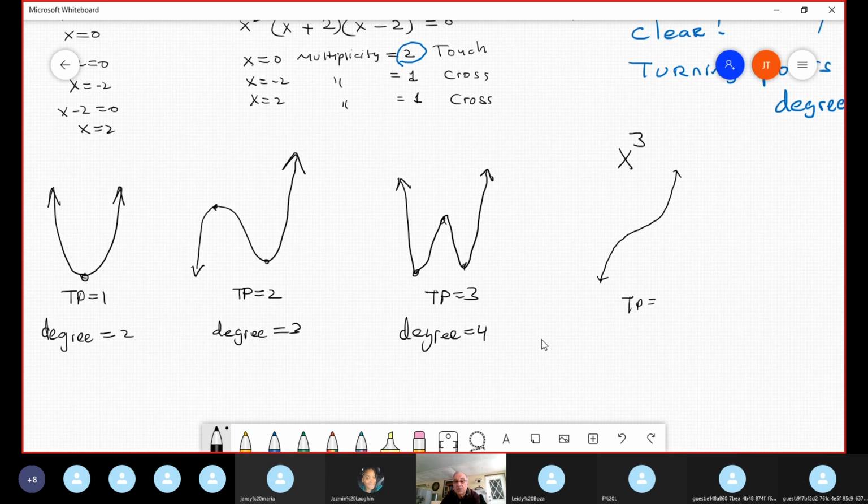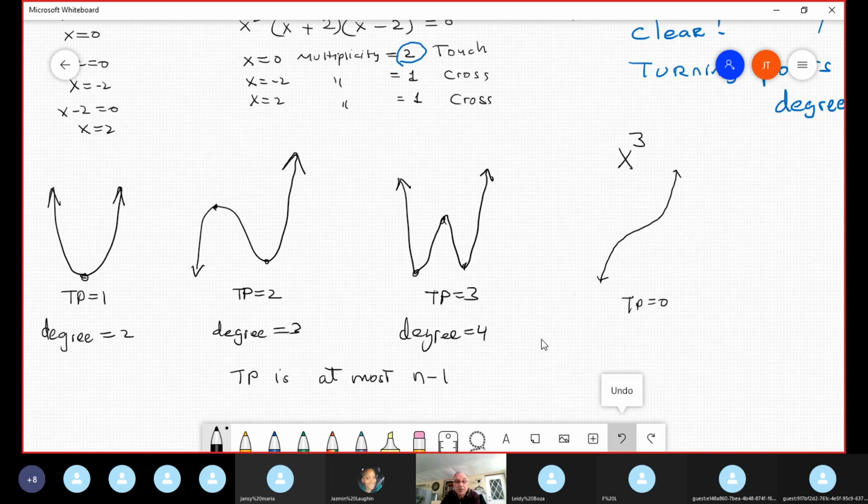Turning point, 0. So what is the idea for the turning point? The idea is that the number of turning points is at most n minus 1, and n represents the degree.